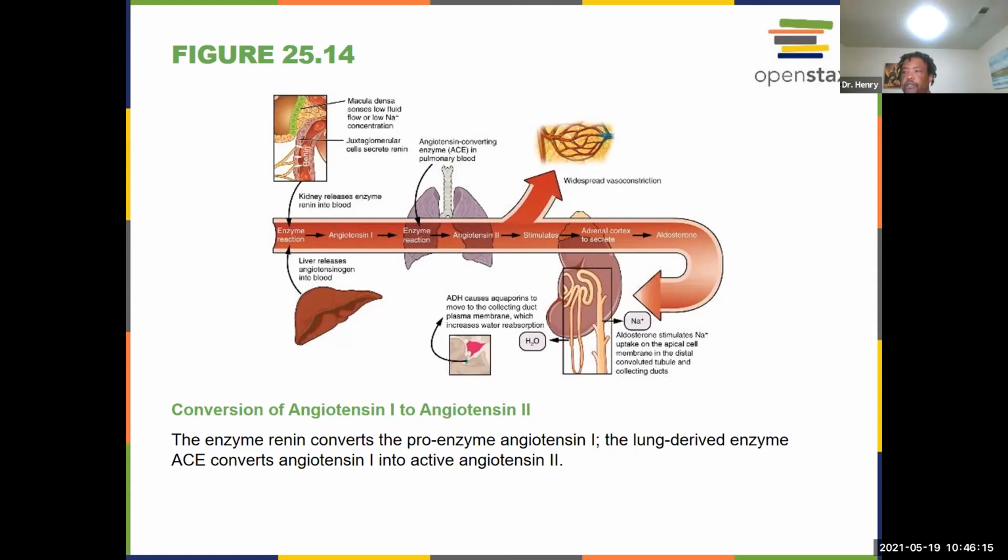And as a result of that, that could actually lead to an increase in our blood pressure. Okay. And then also further lead to water retention, sorry.